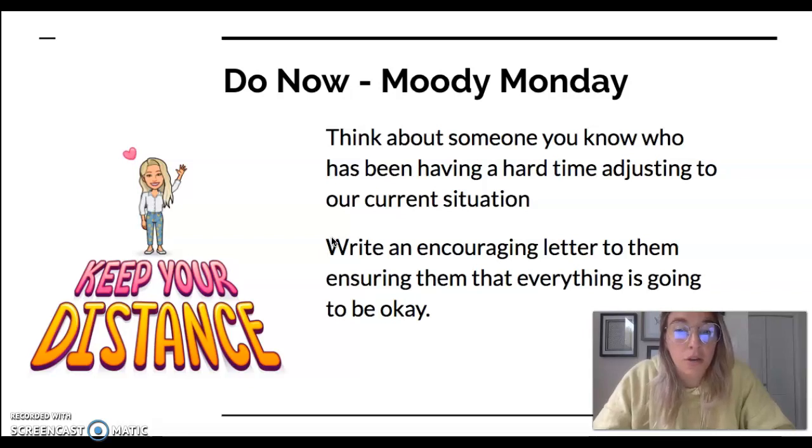An encouraging letter that is one sentence long, I don't know about you personally, but me, I would not feel very encouraged. So make sure that you are taking the time to actually write a letter to this person and help them out. If this person is you and you feel like you're the one who's really suffering the most right now, then write a letter to yourself as if you're not yourself and encourage yourself.